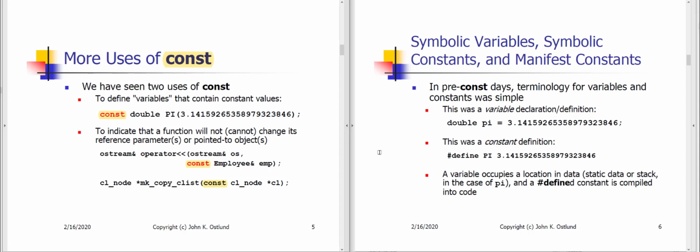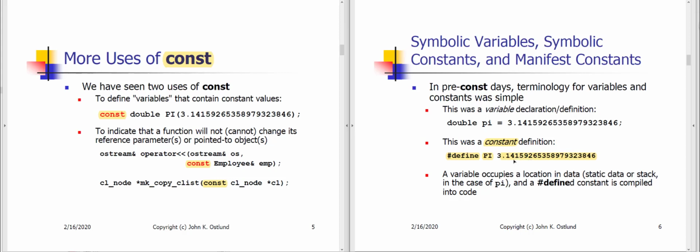Before the const keyword was introduced, originally in the C programming language, if you wanted to define a constant, you would use a mechanism called pound define, which is another preprocessor directive like pound include. So this notation here says I want to pound define the token pi to be replaced with the token 3.14159 and so on.